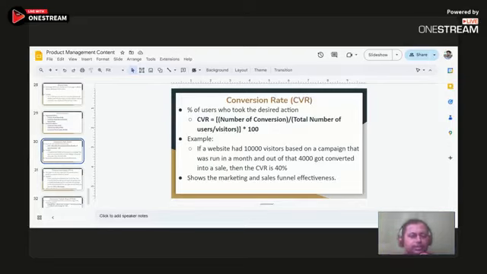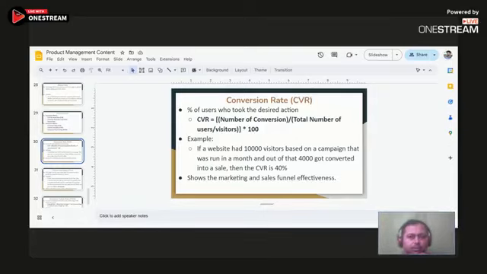Then the CVR is 4,000 divided by 10,000 times 100, which is 40%. This is how you calculate your CVR, conversion rate. This shows the marketing and sales funnel effectiveness, how effective our funnels are. We'll be able to know that based on this conversion rate metric.